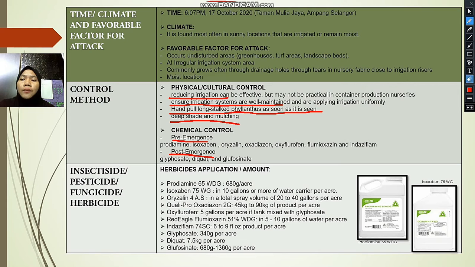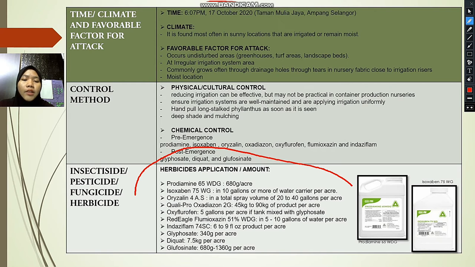For pre-emergence, we can use prodiamine, indaziflam, oryzalin, oxadiazon, oxyfluorfen, flumioxazin, and isoxaben. For post-emergence, we can use glyphosate, diquat, and glufosinate. Here you all can see the herbicide application and the amount of application.